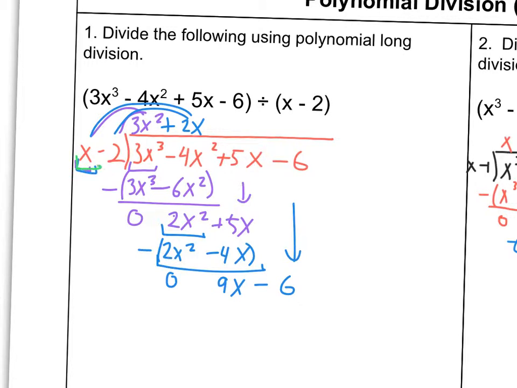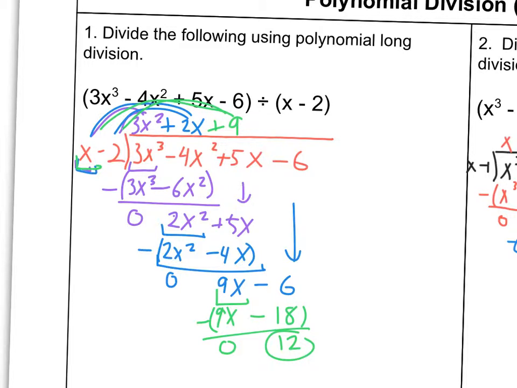And then finally, x to get to 9x is going to be a plus 9. When I distribute, we get 9x minus 18. When I subtract, we get 0 and 12. 12 is my remainder, so that's going to be 12 over x minus 2 up top.